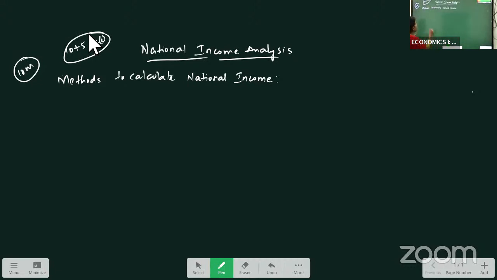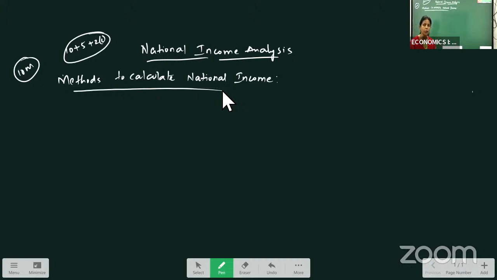So first let us do the methods to calculate national income. So what are the various methods? Generally, when we study national income, what do we mean by national income? It is the total income earned in the country by all the firms, by all the industry, means the total income of the country.